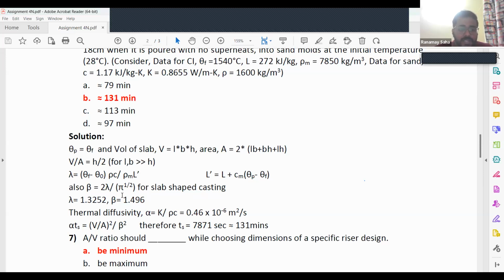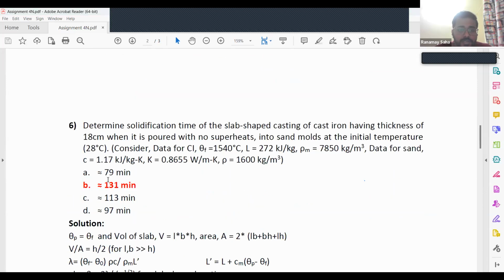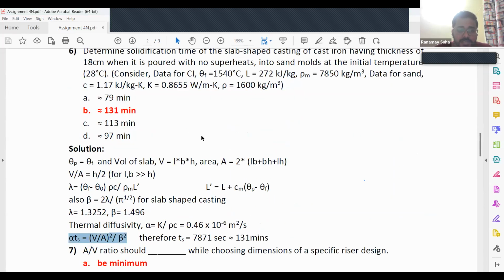From that you find beta, and then you put beta back in the equation for solidification time, and you find the solidification time here is 131 minutes. So compared to the other question, these are the same, only the shape has changed, right?